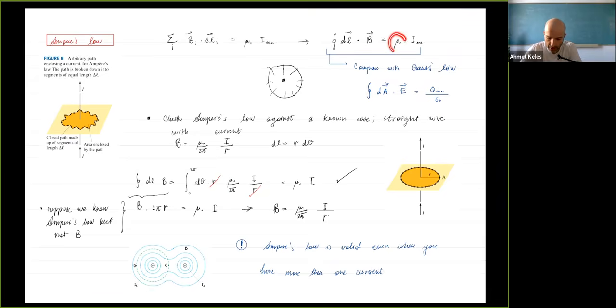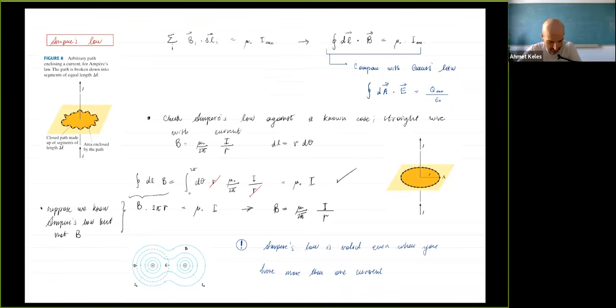So epsilon 0 is replaced with 1 over mu0, and charge enclosed is replaced with current enclosed. So this is called Ampere's law, and we can actually check if this is correct. Maybe I can delete this one.